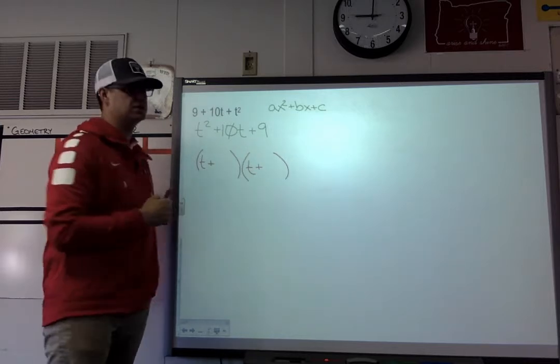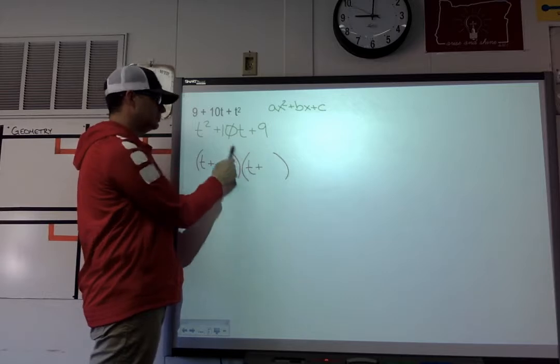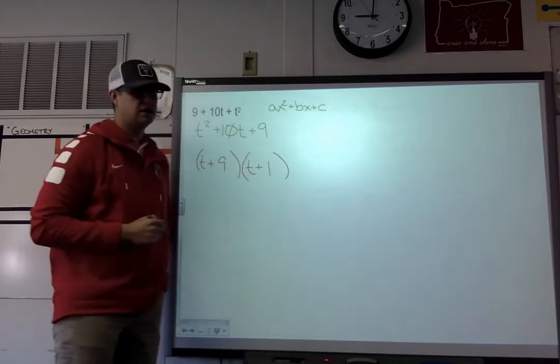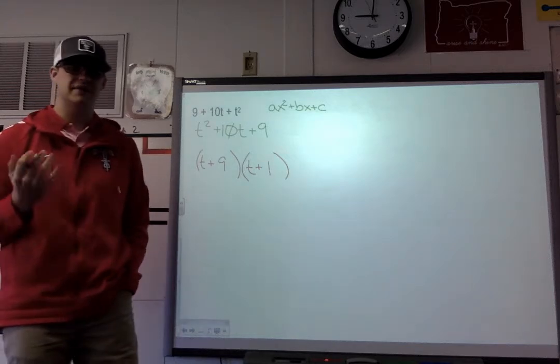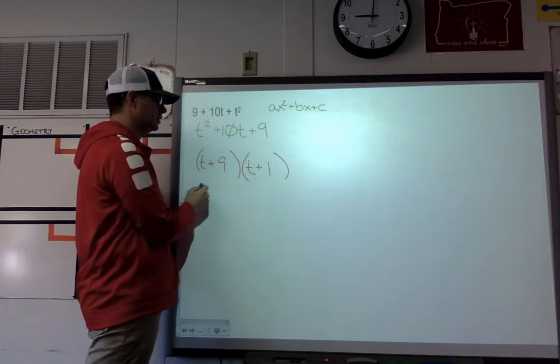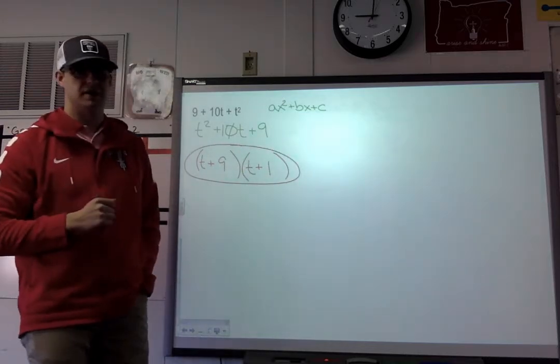The only other possibility to multiply to 9 is 9 times 1. 9 plus 1 gives us 10. So we'll have t plus 9 and t plus 1. Again, the order there does not matter. We could have t plus 1 and t plus 9, but since it's multiplication, the order does not matter.